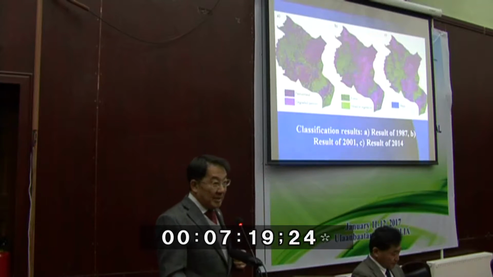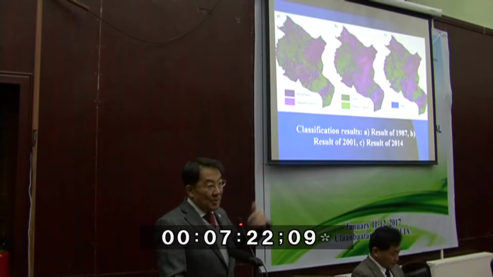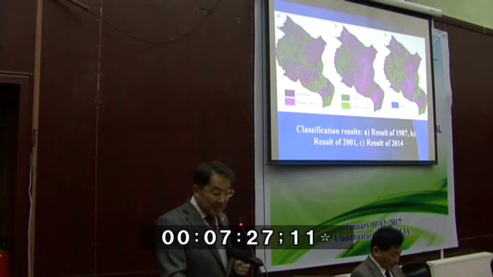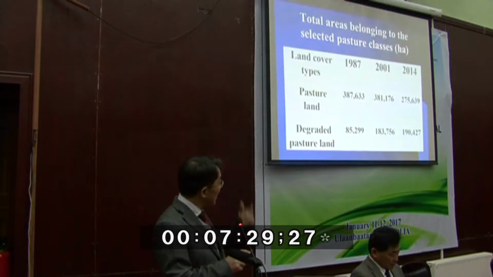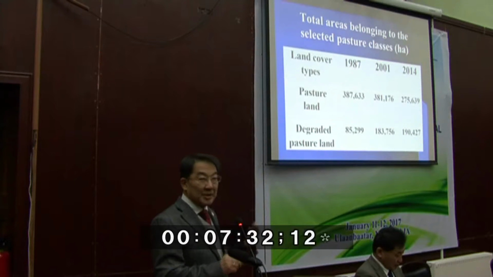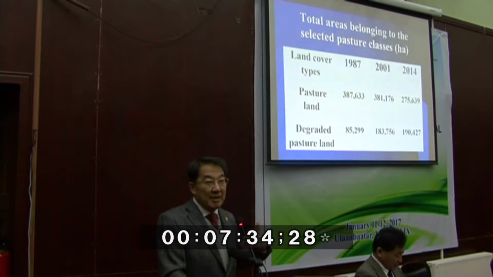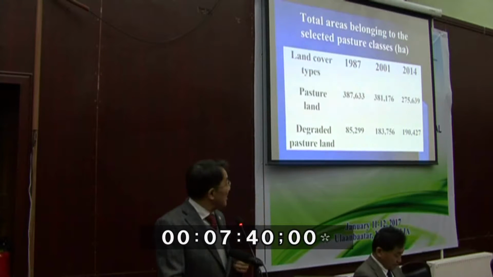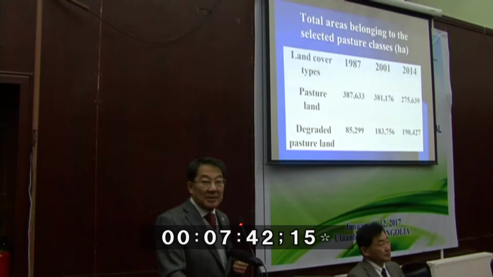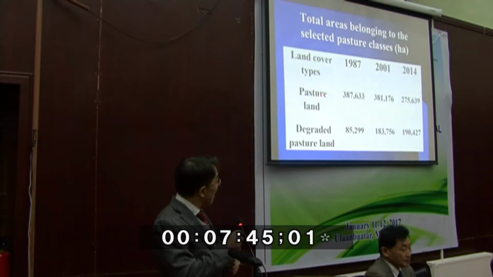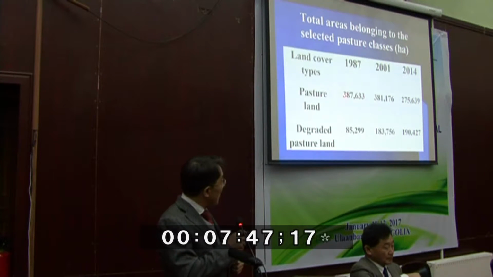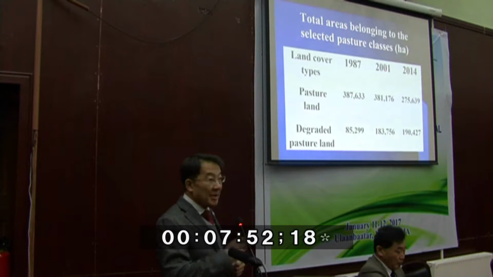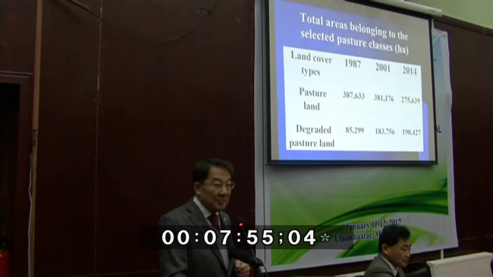And here you can see the results for the northern territories of Arkhangai Aimag. As we conducted the pasture land change study, in this table one can see what kind of changes had occurred in those zones between 1987 and 2014. For instance, pasture land occupied roughly 390,000 hectares of land in 1987.